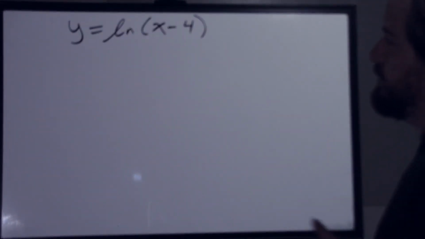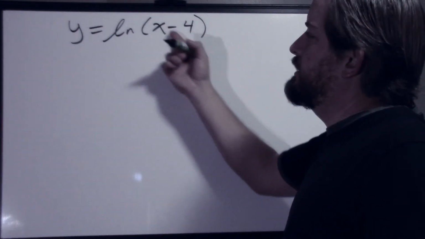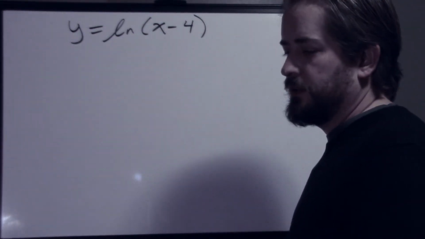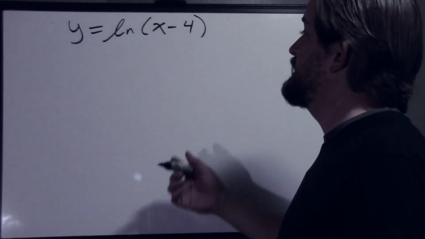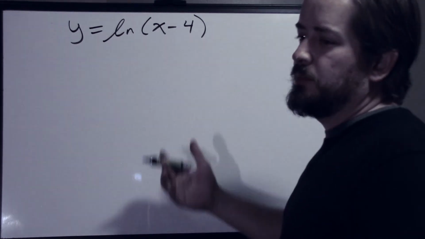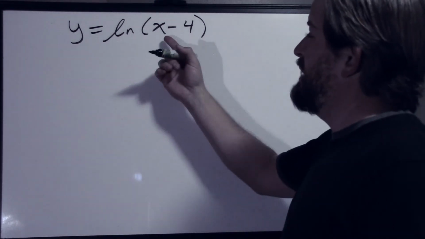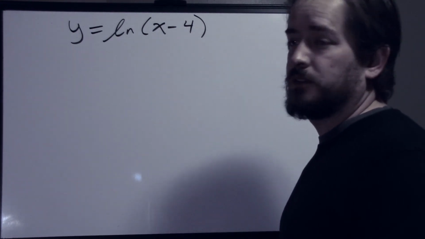So again, in order to play with this, I want to rewrite this because I don't know how to take the natural log of values very easily in my head, but I can do it on exponentials much easier. But at the same time, I'm going to end up using a calculator anyway, so you may just be able to throw in values of x and take the natural log of those.